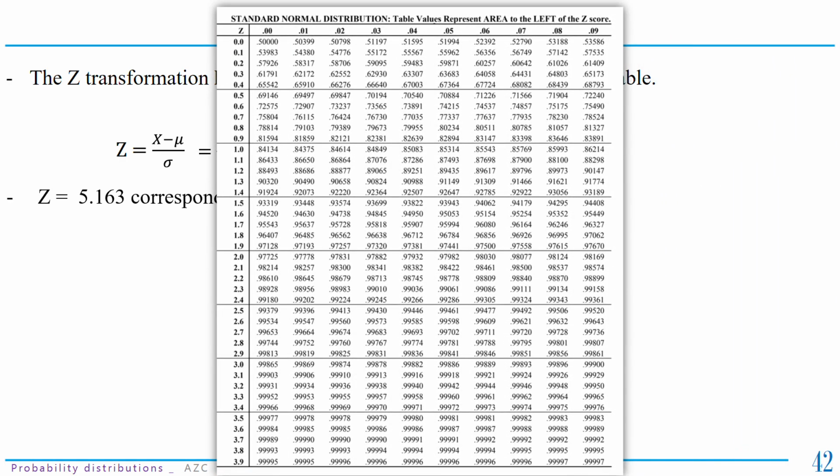Select row of 5.1, but it is not given in the table, so we will select the lowest value of Z given here. So select row of 3.9 and column of 0.09. So answer we get is 0.99997.